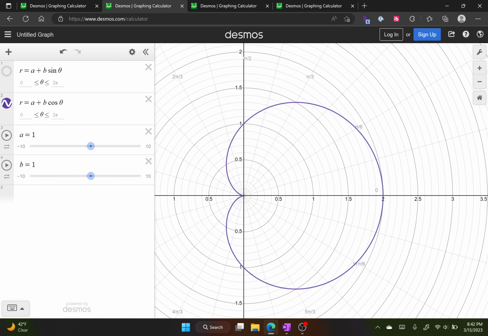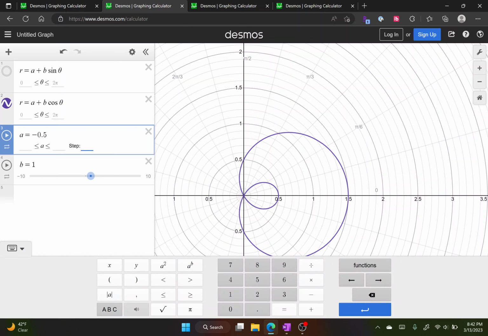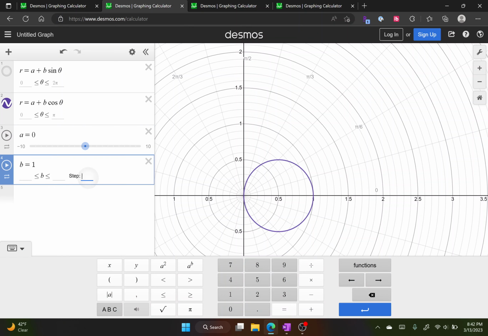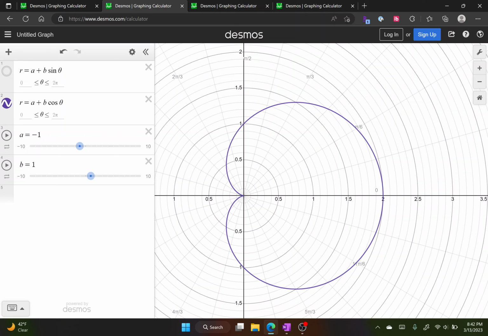The sign of a, like positive or negative, doesn't matter. If we change a to -1, it's exactly the same as if a were +1.